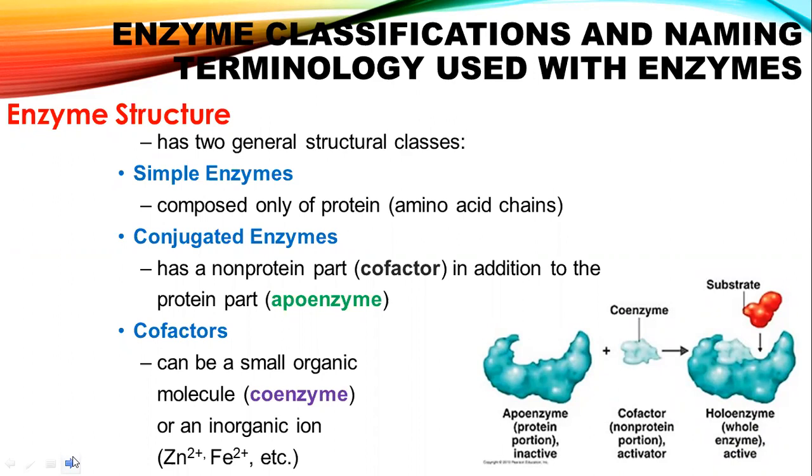But there is also what we call as conjugated enzymes. The conjugated enzymes have a non-protein part, and a non-protein part is also called a cofactor, in addition to the protein part. Ang protein part, tawagon natin na siya apoenzyme. No? So in other words, ang conjugated enzyme na siya protein part ug na siya non-protein part.